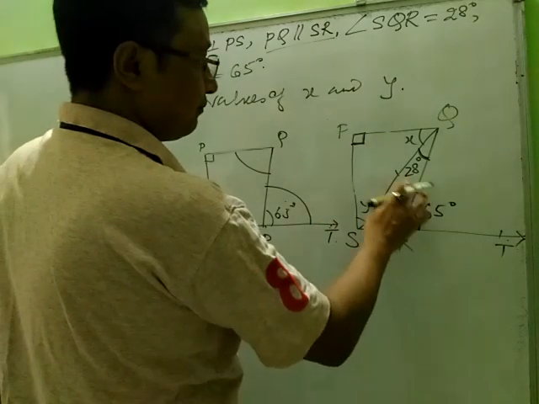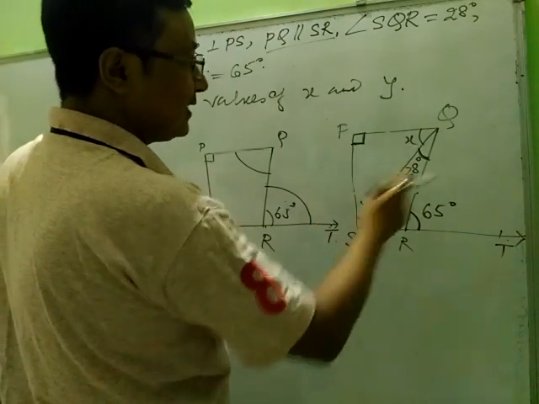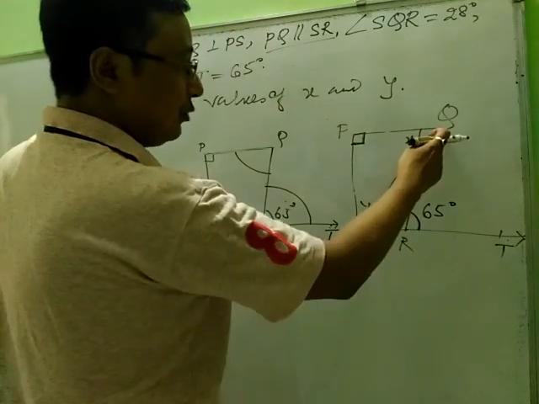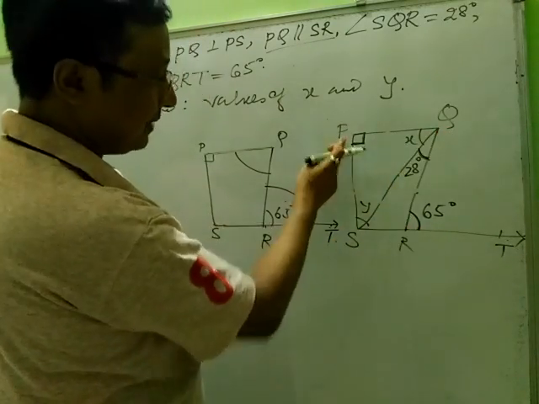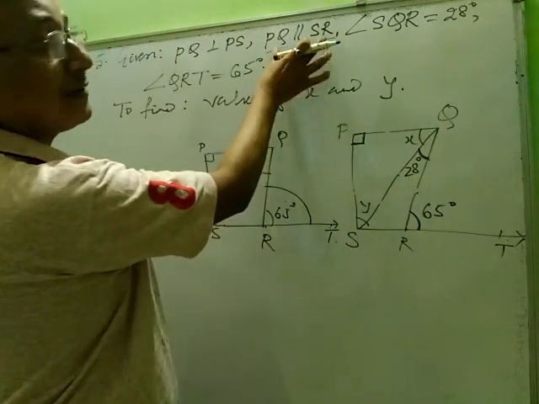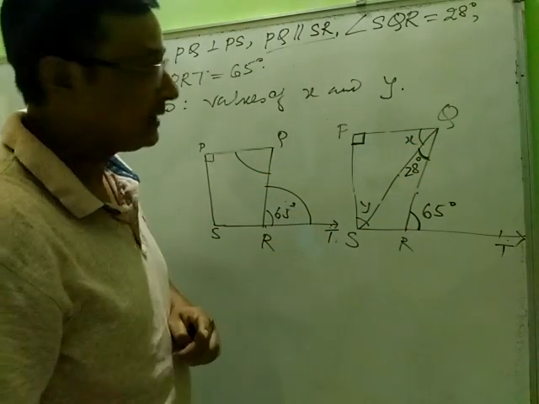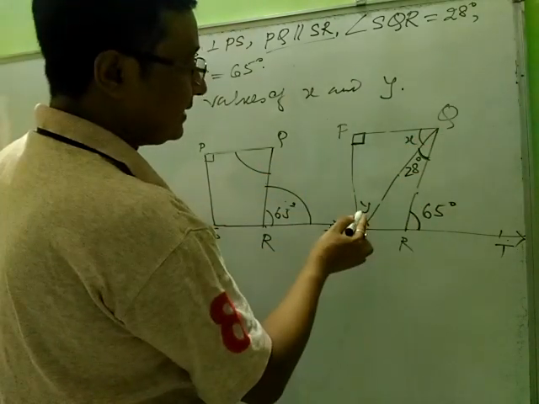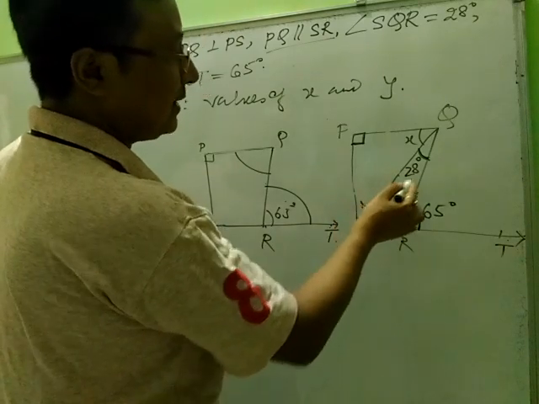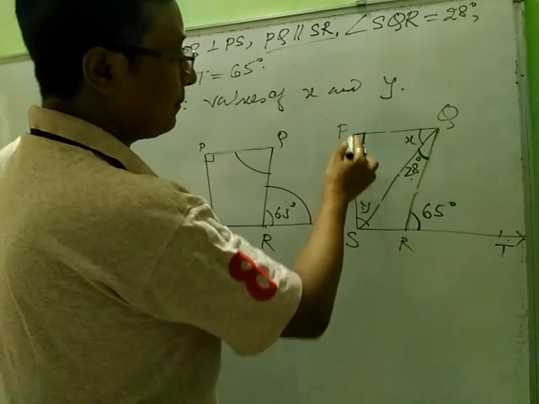But one more thing: QR is not parallel to PS. These two lines are not given as parallel lines, so we cannot say that this equals this.